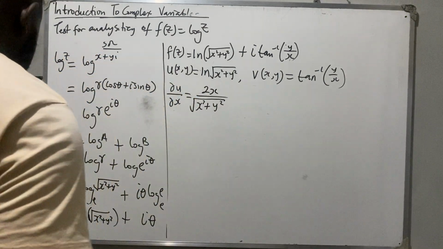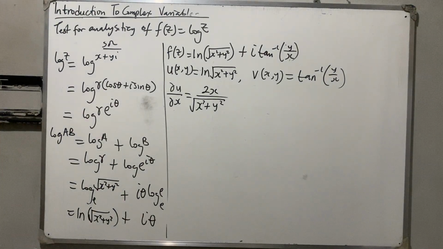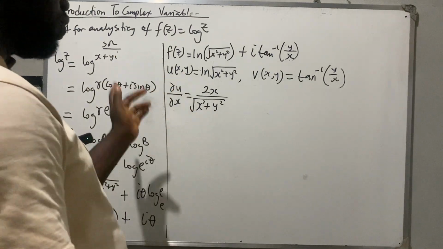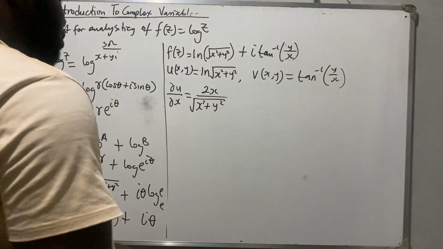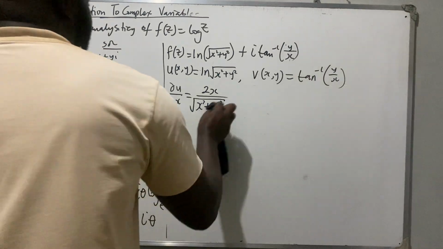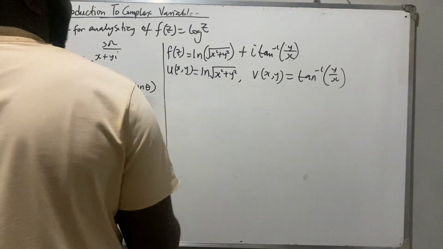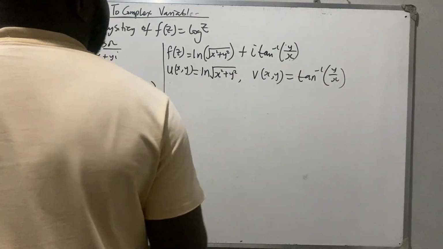Okay, so that is how we have 2x over the root of this, right? Is that correct? No. This is a function of a function of a function. So this is not correct. So first of all, we have to differentiate here before we differentiate here.